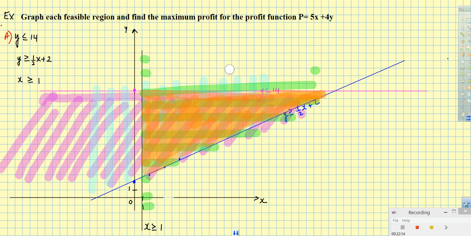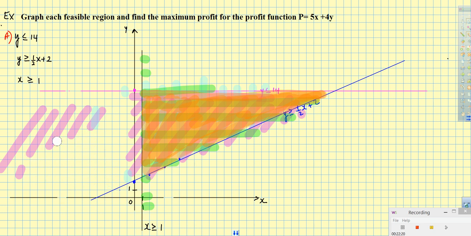We don't really need it, just to take away a bit of confusion. Okay, so we know that the shaded area is right there, and that means that our corner points are found here in black. Here's the next corner point, and there is our third corner point.